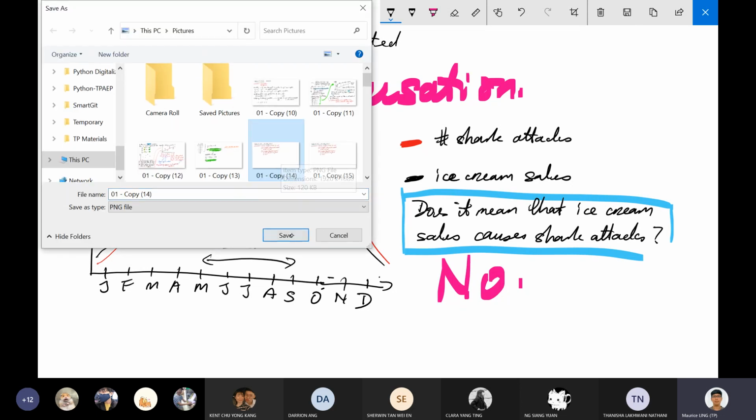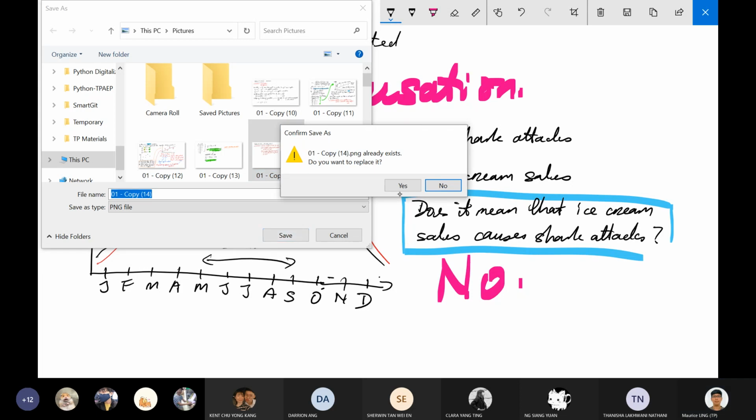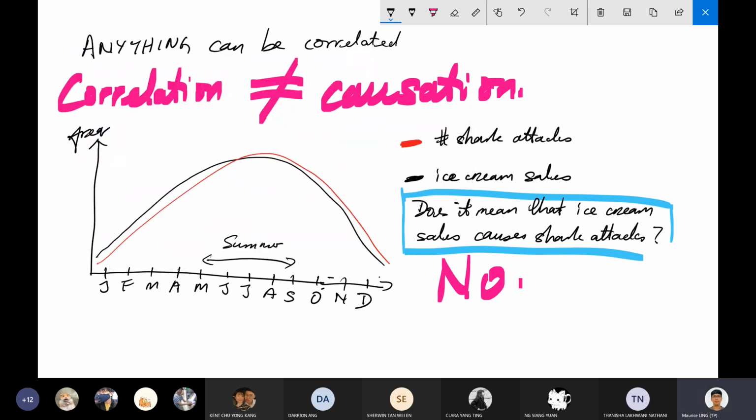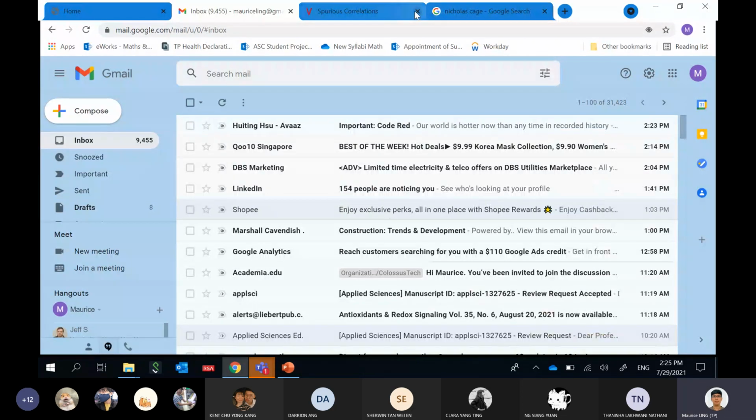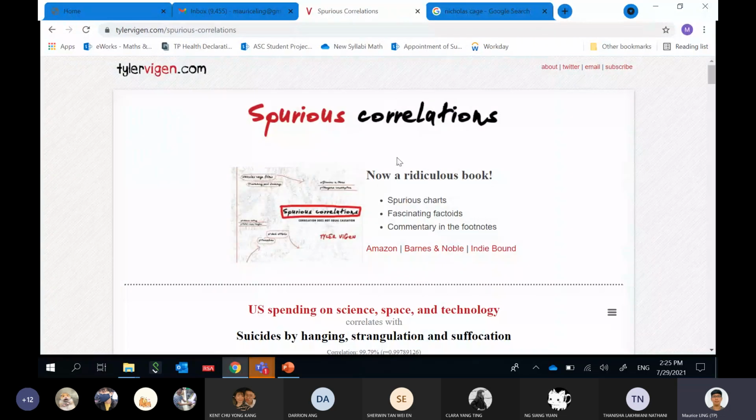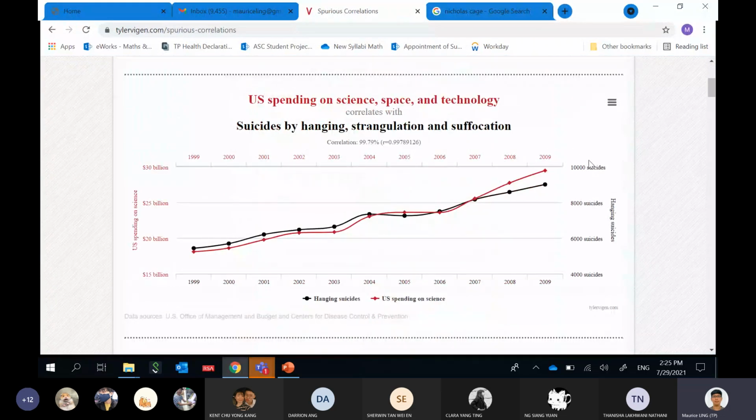Anybody know who is Nicolas Cage? Okay, so let me show you a website which gives very interesting correlation data. The source is from the US Office of Management and Budget and CDC.